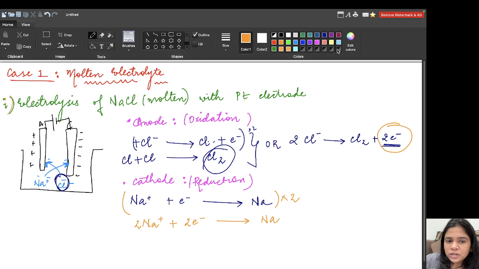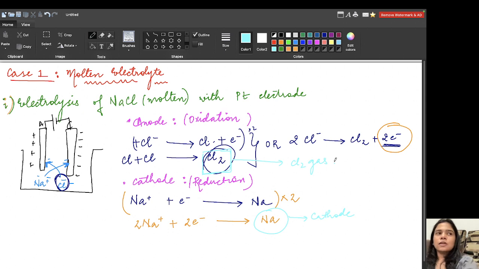Okay. So what is formed at anode? What gas are we getting at anode? We are getting Cl2 gas at anode, and sodium is formed at cathode. So at cathode you are getting Na, and at anode you are getting chlorine gas. Okay, so this is very easy, right?